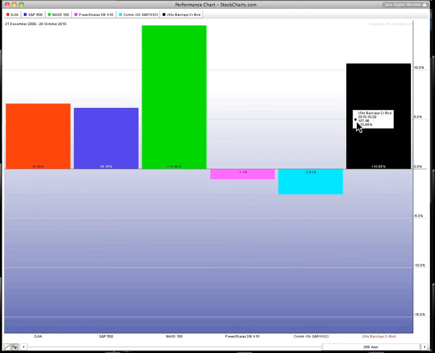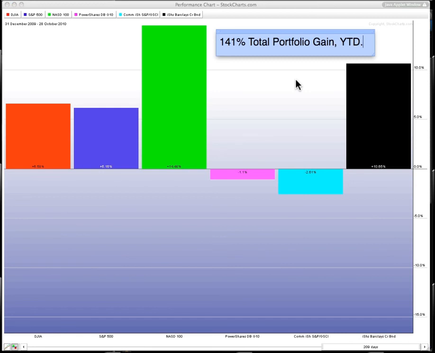For bonds, the benchmark is the iShares Credit Bond ETF, which represents the investment grade credit sector of the United States bond market as defined by the Barclays Capital US Credit Index. With the year-to-date gain of 141%, the portfolio is beating the external benchmark's year-to-date performance.